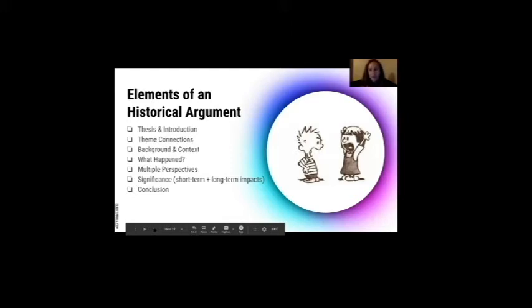You have background information and context about the time period of your topic. You're telling what happened: who, what, when, where, why, and how. You have multiple perspectives and points of view to help have a well-rounded argument. And then you're including the historical significance of your topic. So what? Why does it matter? You're answering that question by showing the short-term and long-term impacts and change over time of your topic. And then you finish with a conclusion to sum up your argument.